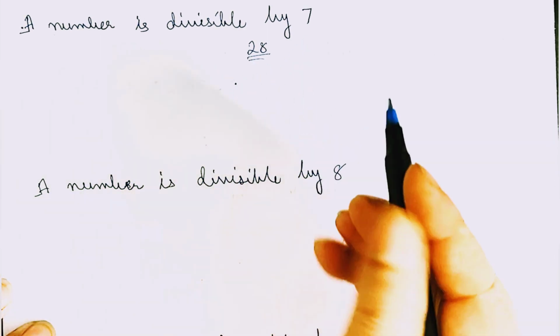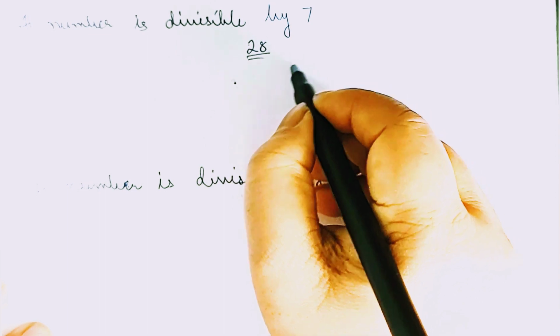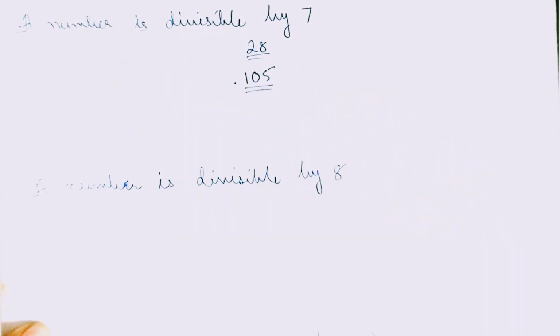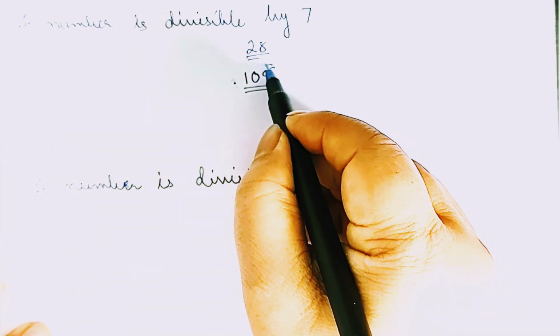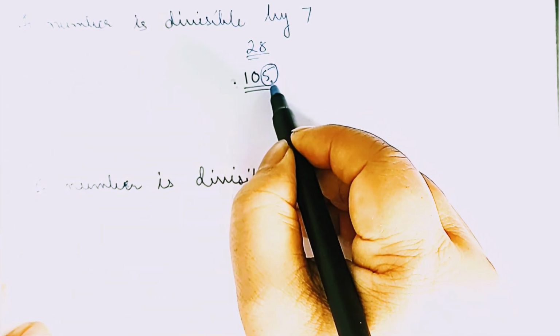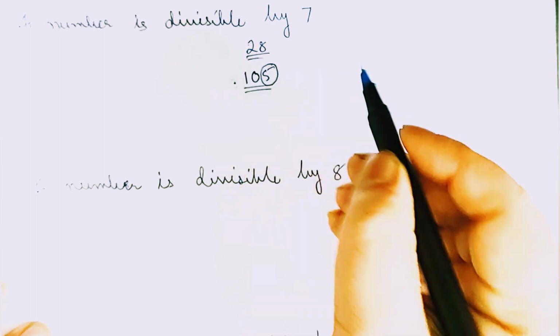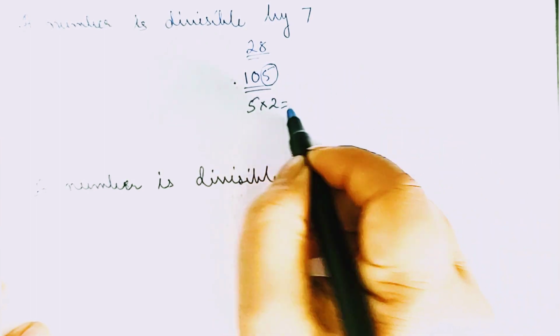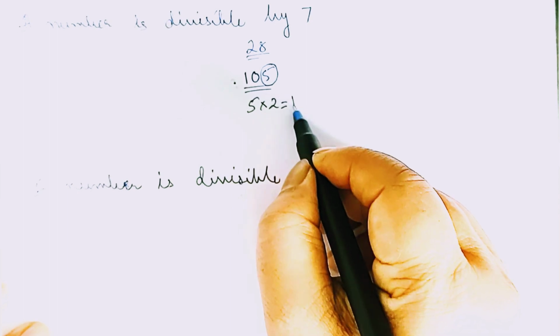Now say I say 105. Is 105 divisible by 7 or not? How will you know that? First of all, you have to take into account the number in the units place. What is the number? It is 5. You will just double it, make it 10.